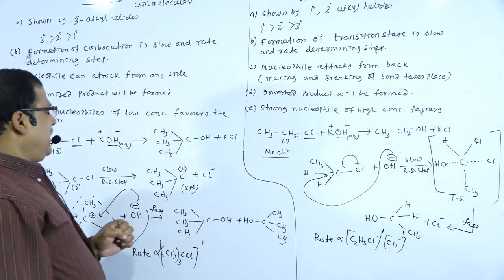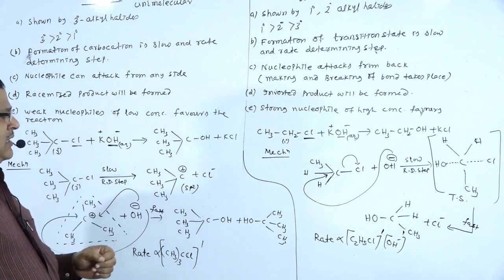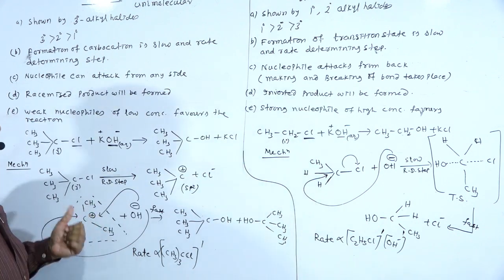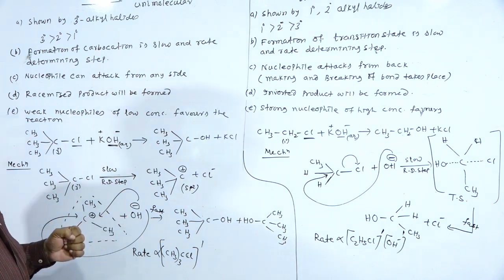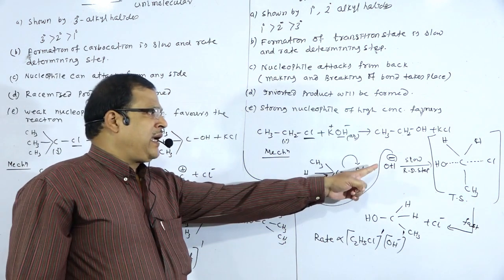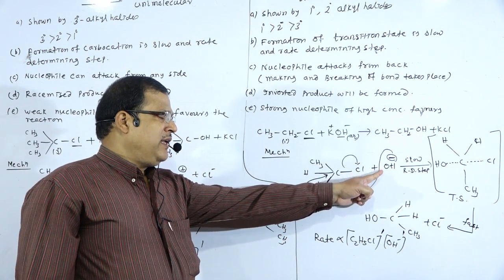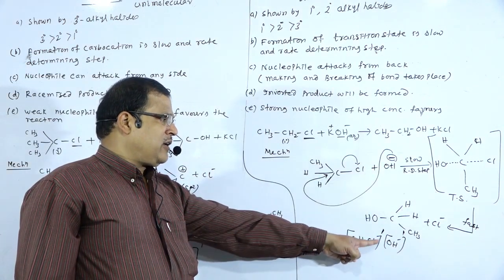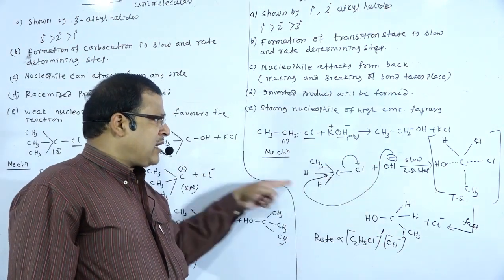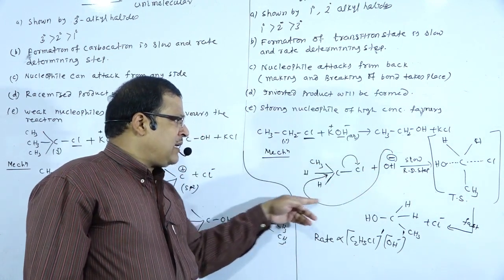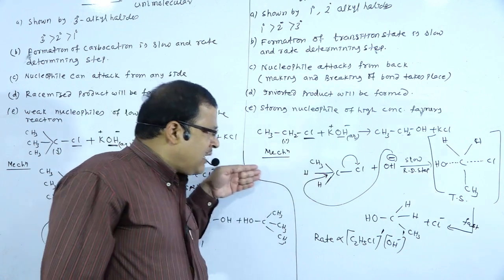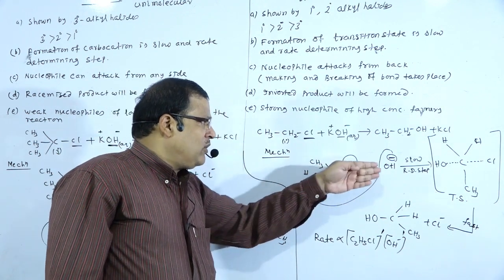Next, a strong nucleophile will favor that reaction, but a weak nucleophile with low concentration will favor this reaction. Why? In this case, the nucleophile is involved in the rate determining step. The nucleophile will attack the back side and the bond will break.